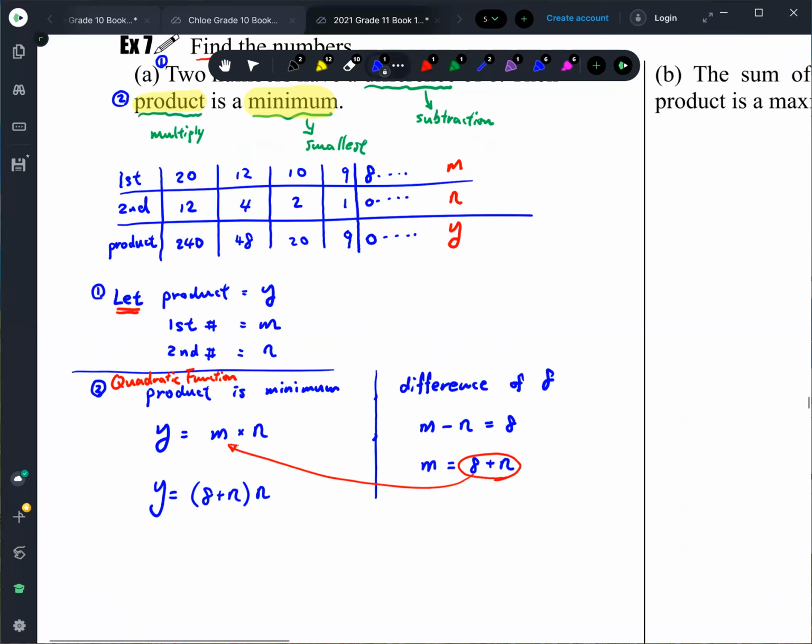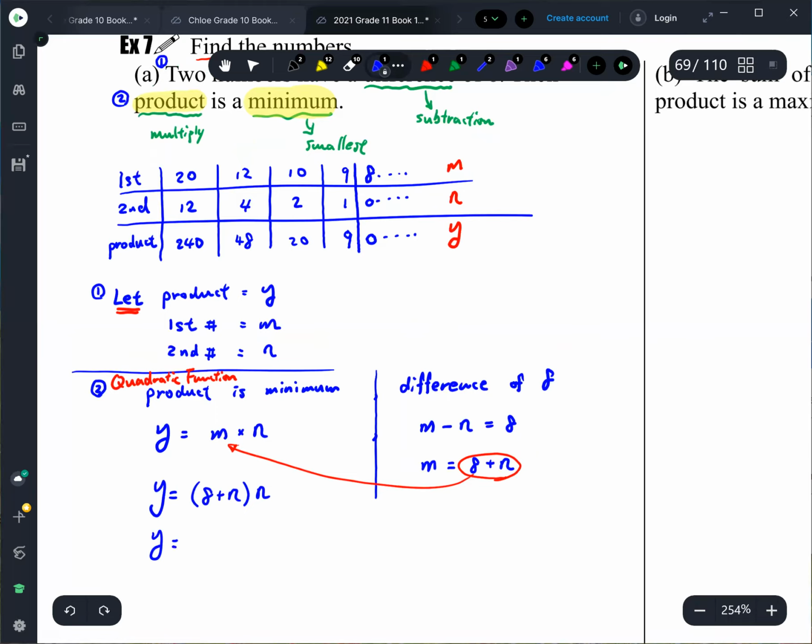So now from here, our goal is just try to figure out our vertex, because we want to find out the minimum place for this problem. So we need to turn it into general form. We'll expand the bracket, so you get n squared plus 8n. So this is general form. We used to deal with just x and y.